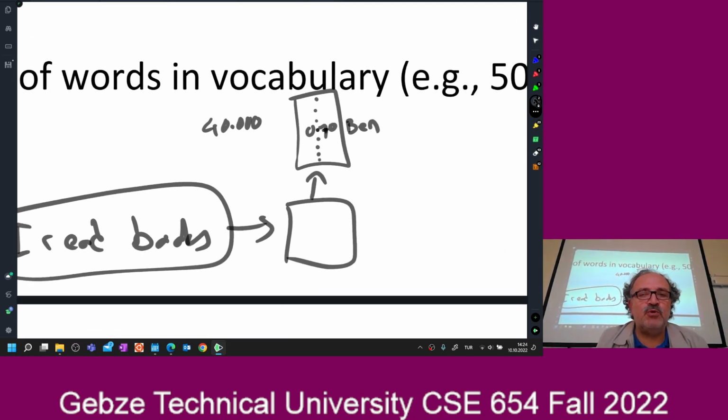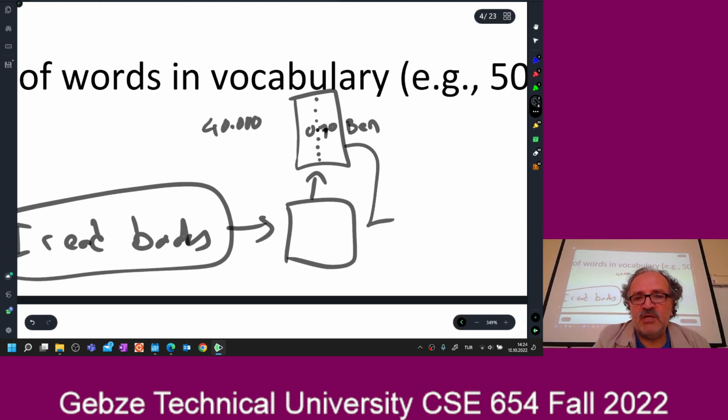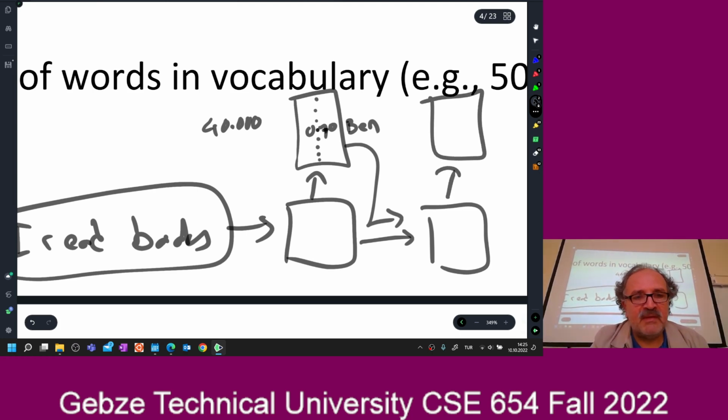It is trying to produce a one-hot vector, but it's saying that I am only 70% sure that the first word of this translation should be ben. Then I will say, okay, you produce ben, I'm going to give you this, and produce me another word. It produces another vector, and this one is going to be 0.8.